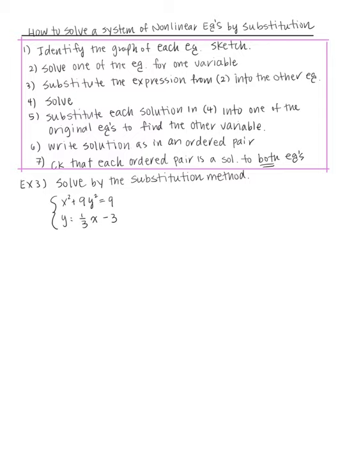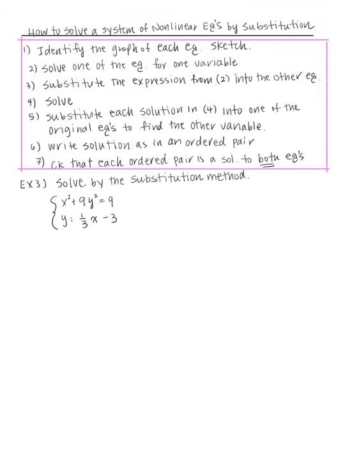Let's take a look at example 3, solved by the substitution method. So here's our system. The first equation is x squared plus 9y squared equals 9, and the next one is y equals 1/3 x minus 3. Looking at the first equation, you might say that's a circle, but no, I don't think it's going to be a circle because of that 9 attached to y squared.